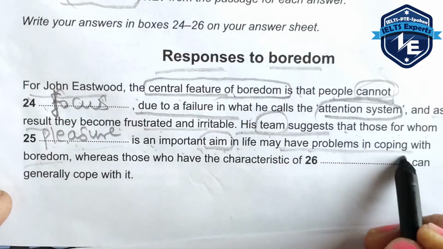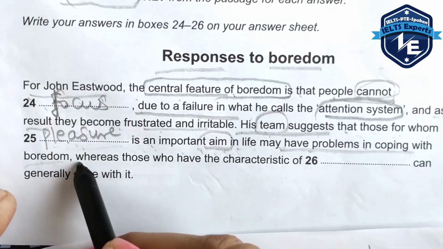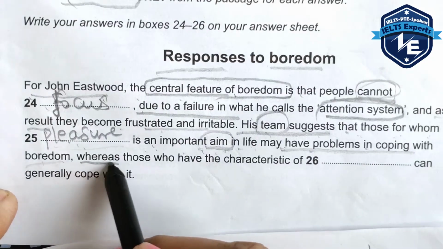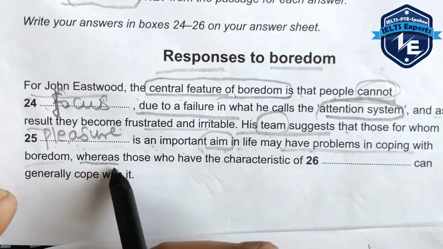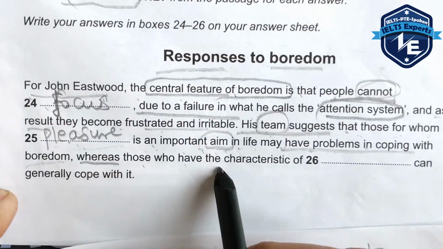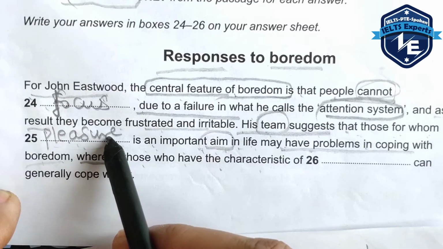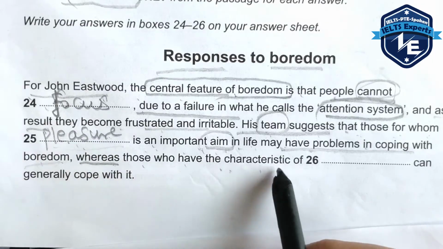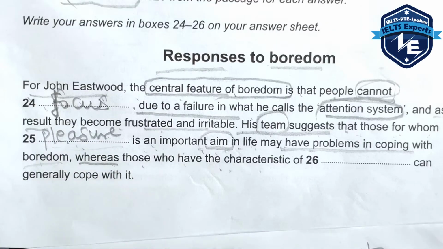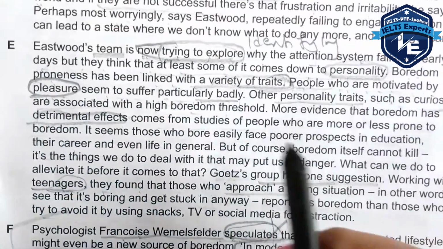They may have problems in coping with boredom, whereas, it means now it is a comparison. Whereas those who have the characteristic, it means here the person who has pleasure as the main motivation, and the person here who has something different can cope with it.